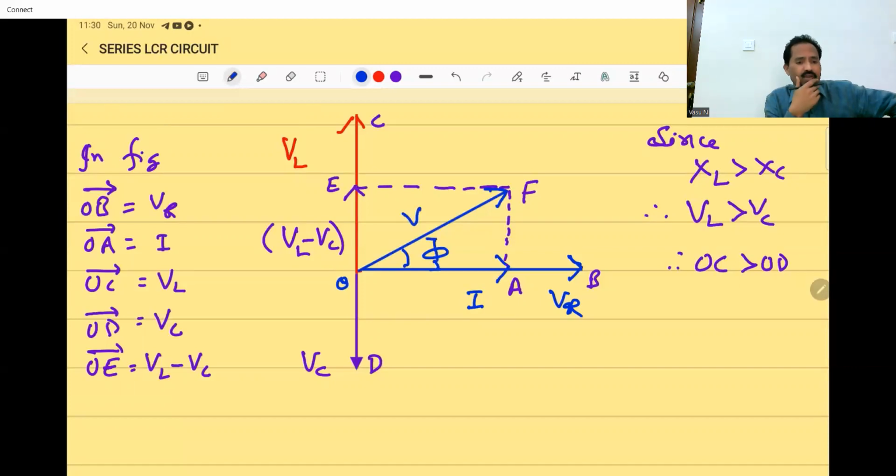Did you understand? So in the phasor diagram, you can observe all the things.